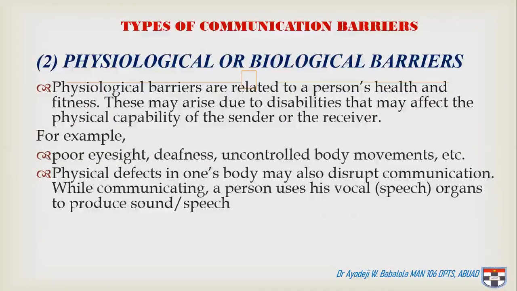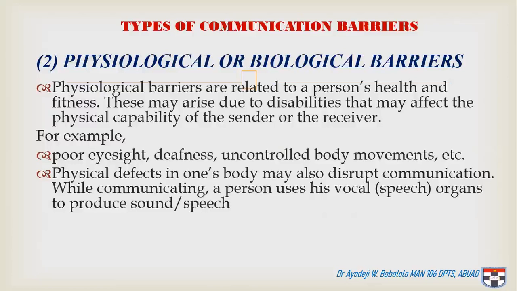Sometimes you have people who cannot talk clearly, people with poor eyesight, people who are deaf, people with uncontrolled body movements, and so on and so forth. All these are physiological or biological barriers to communication.